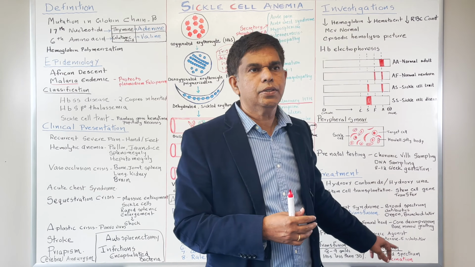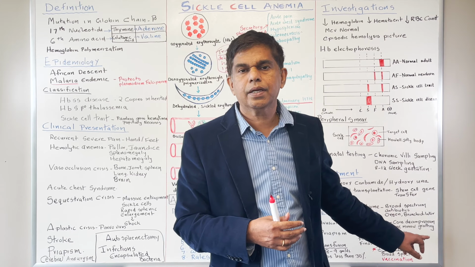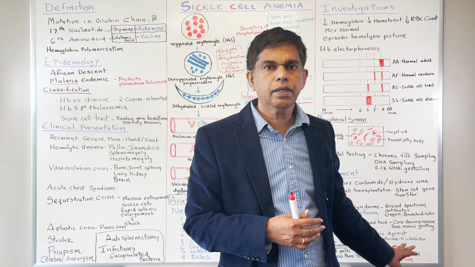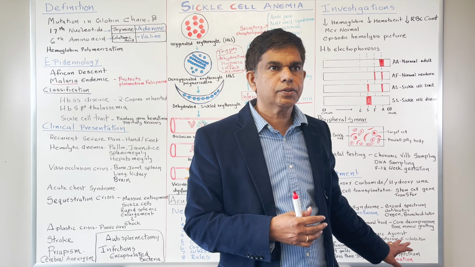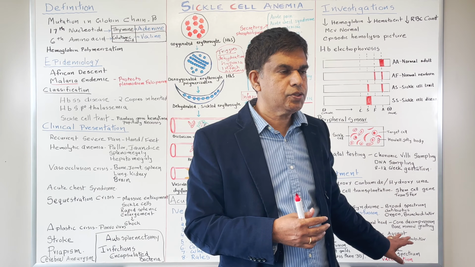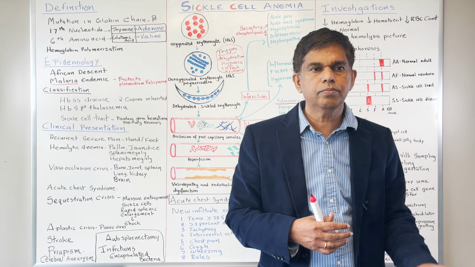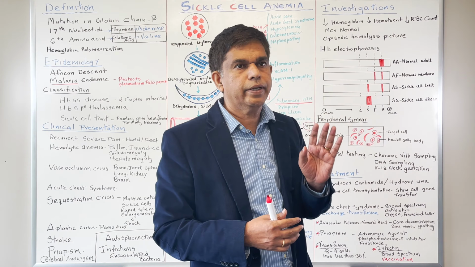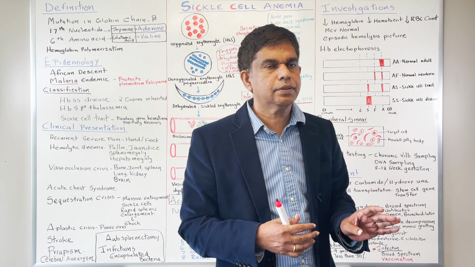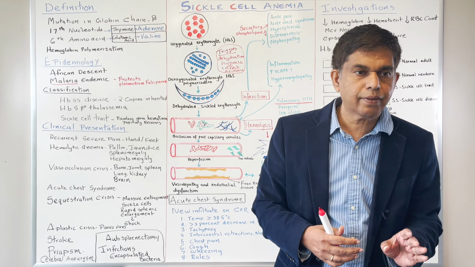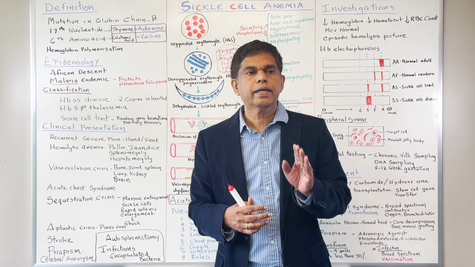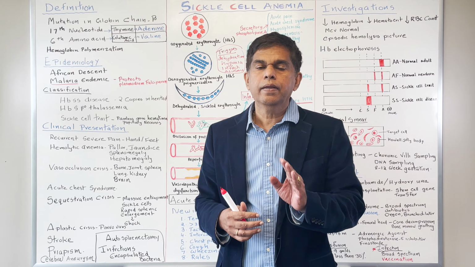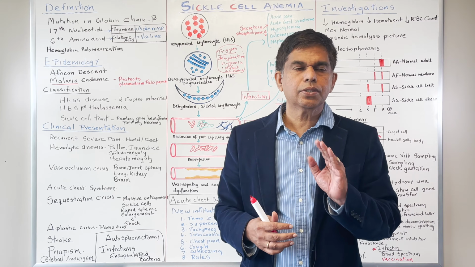Make sure you give broad spectrum antibiotics, and you also make sure you cover with vaccination against encapsulated organisms, which is very important. Okay, if you can remember one thing, always remember acute chest syndrome. Patients with sickle cell crisis or sickle cell disease can have acute chest syndrome. That is the deadliest complication you can easily miss.